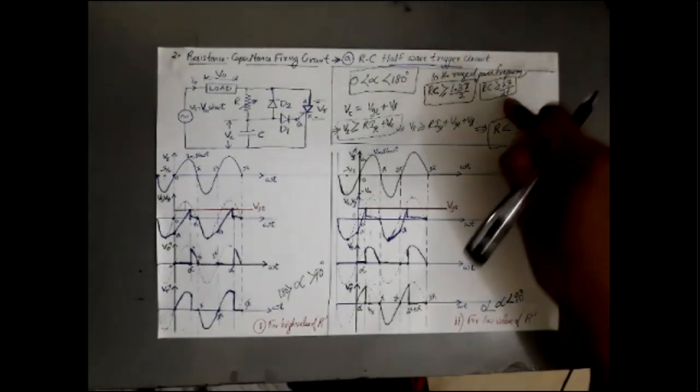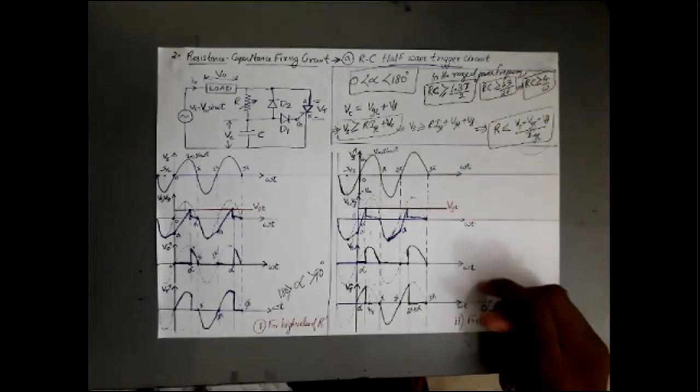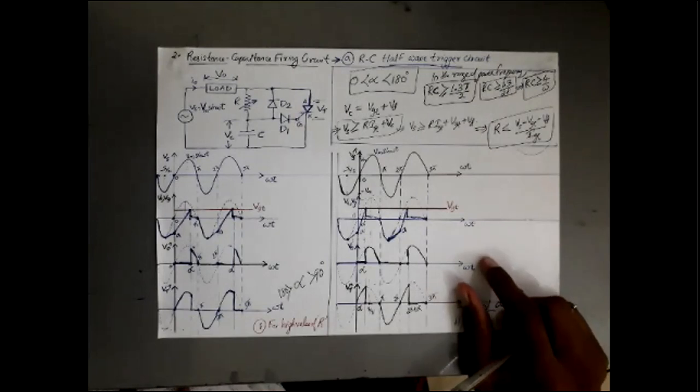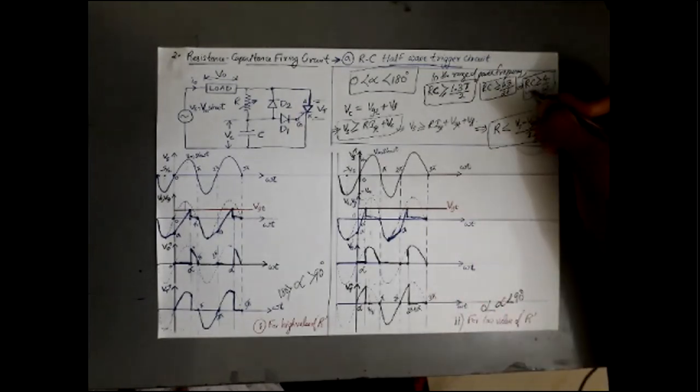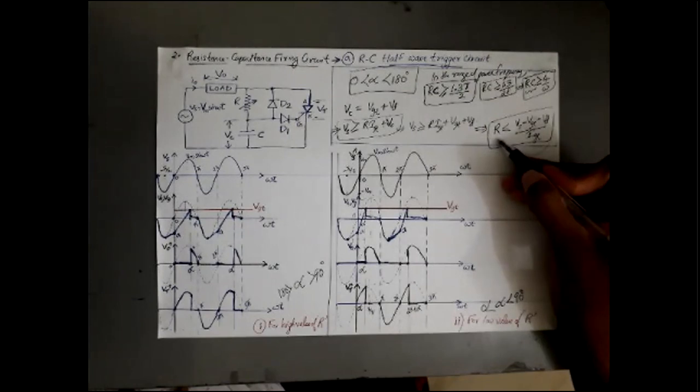If I substitute here, then what I will get? RC should be greater than or equal to 4 by omega. Use this equation for the design of the RC half-wave trigger circuit. From this we can get the value of RC. From here we will get the value of R. Then I can get the value of C.